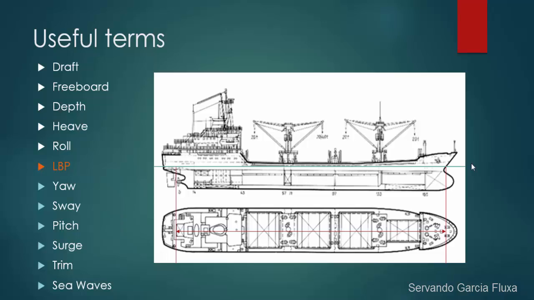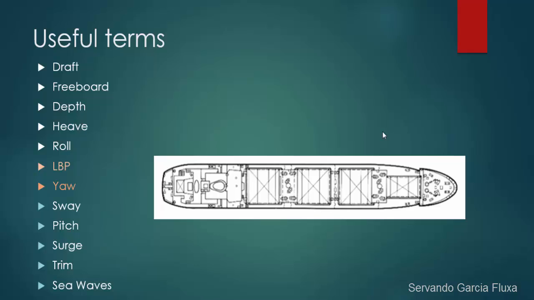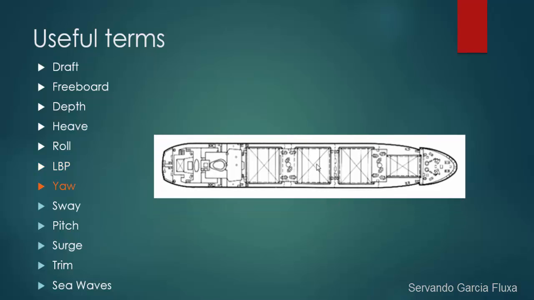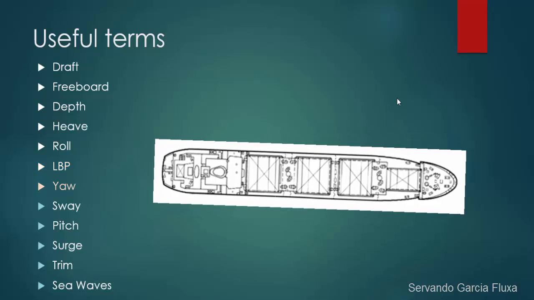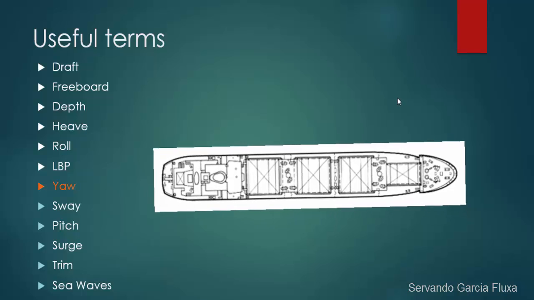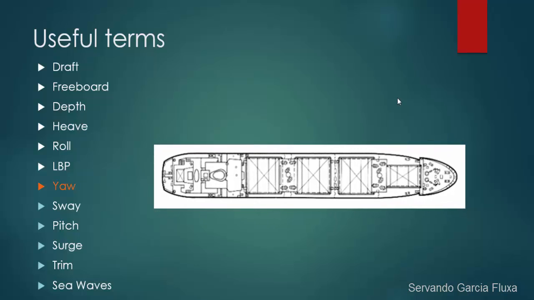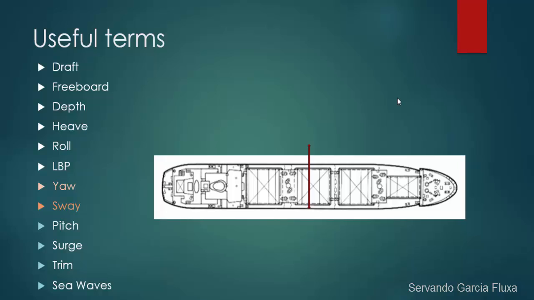It is the length of the vessel along the waterline from the forward surface to the stern or main bow. So it is this distance that appears here. Yaw is this movement around the vertical axis of the vessel. Sway is this transverse displacement of the vessel.